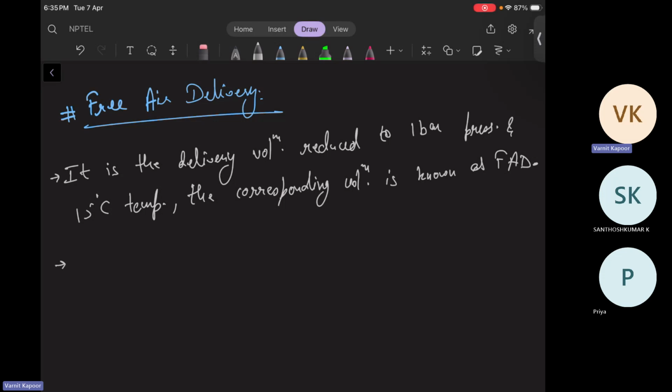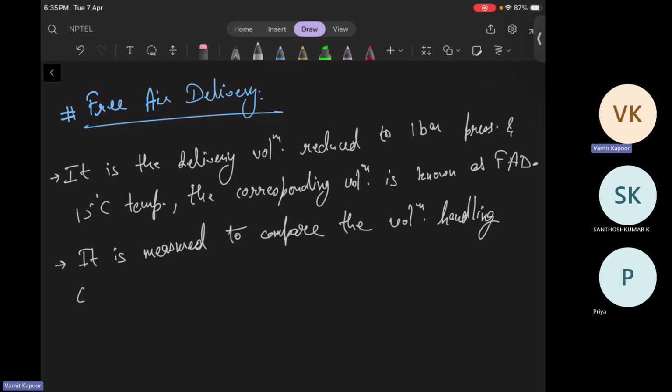It is measured to compare the volumetric handling capacity of different compressors working under different conditions.